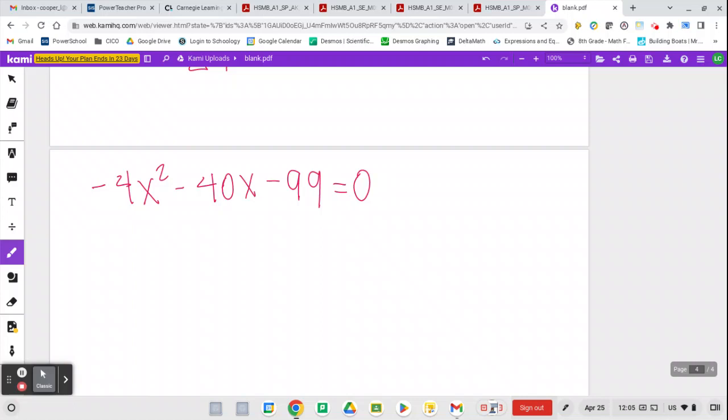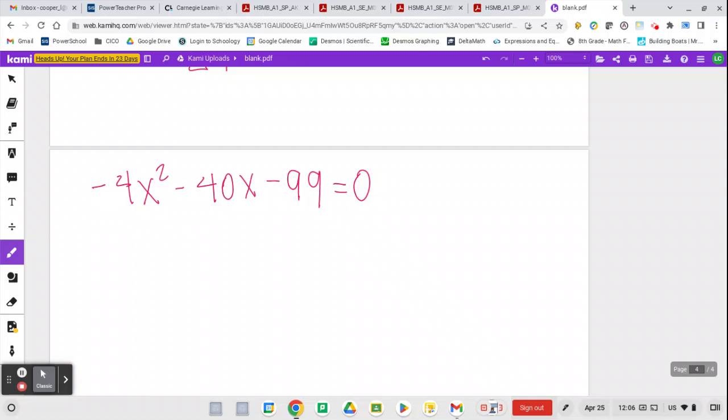Negative 2.053 and positive 12.853. Negative 5.5, negative 4. Yeah, that's it, because you forgot the negative in front of the 4x squared. Okay, so it's okay.